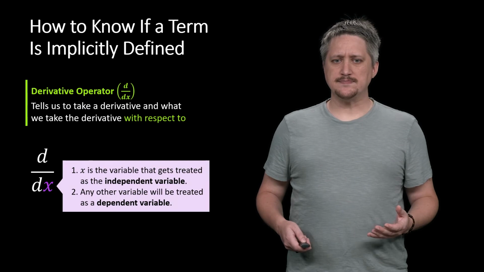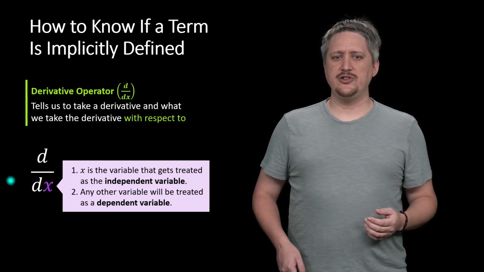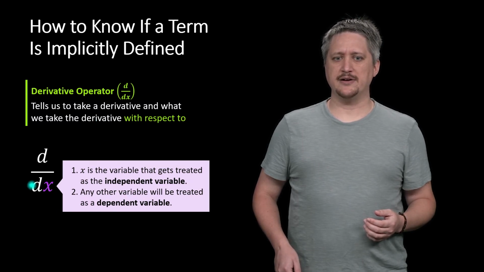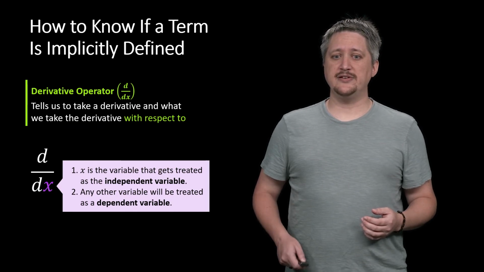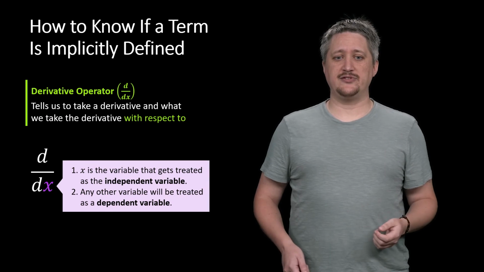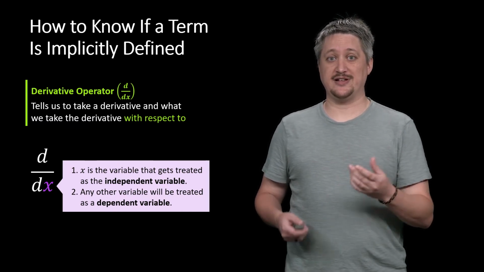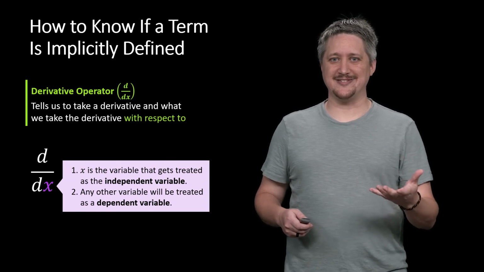So in particular, when we have this d over dx, there's actually more going on here than is immediately apparent. The variable down here, this x, is what we take the derivative with respect to. So if we see this operator, d over dx, we would say take a derivative with respect to x. That's the correct full phrase that this is telling us.